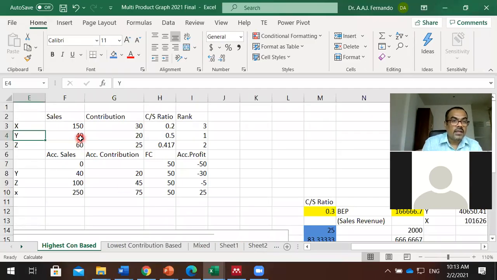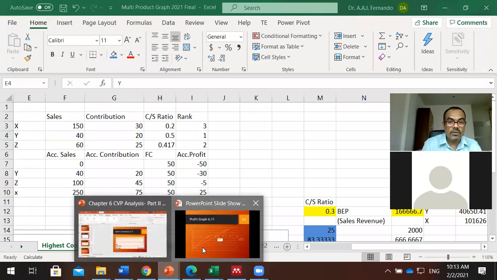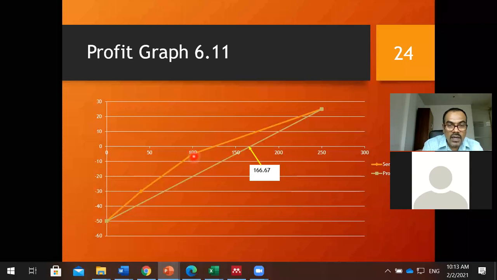Yes, sales from Y 40, sales from Z 60, all together it goes up to 100. So look at this particular point. If you extend the line down to the x-axis, it is 100,000, meaning your total sales is 100,000.